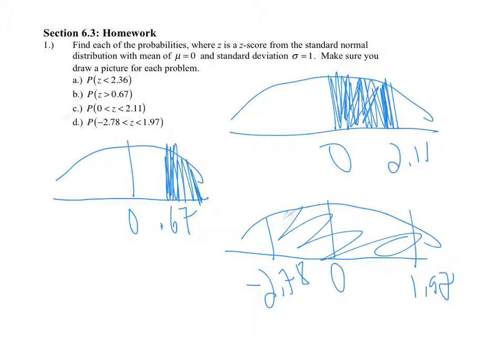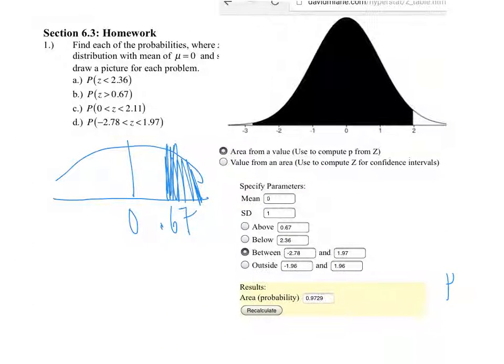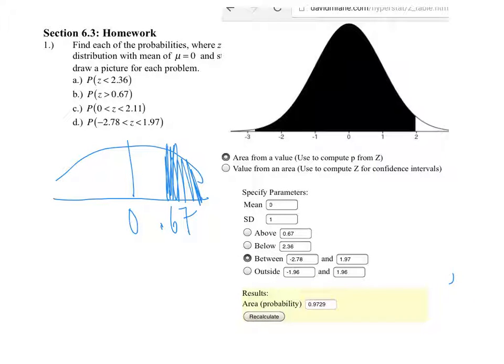And I want the area between them, so I'm going to do between two z-scores. And here you'll see, I said area from a value between those two z-scores, and that's the probability. Almost 100%, not quite.